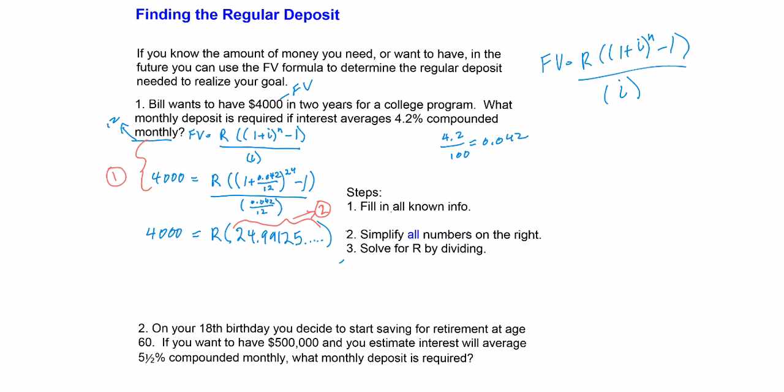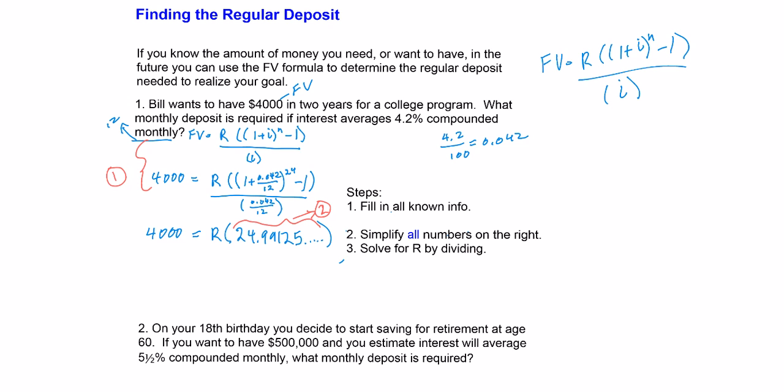By simplifying, we really mean calculate this and divide by this and then put it beside the R value. Finally, to solve for R, we're going to divide both sides by this number.